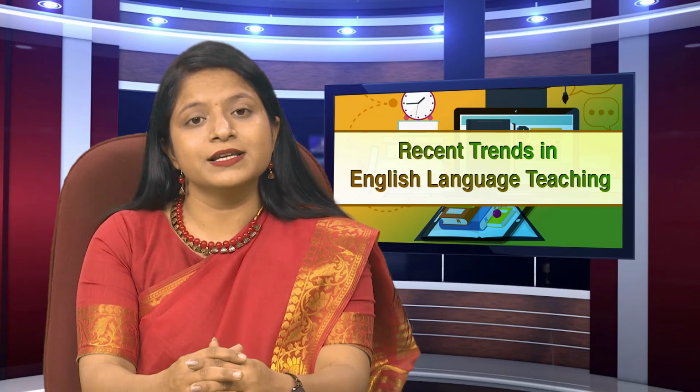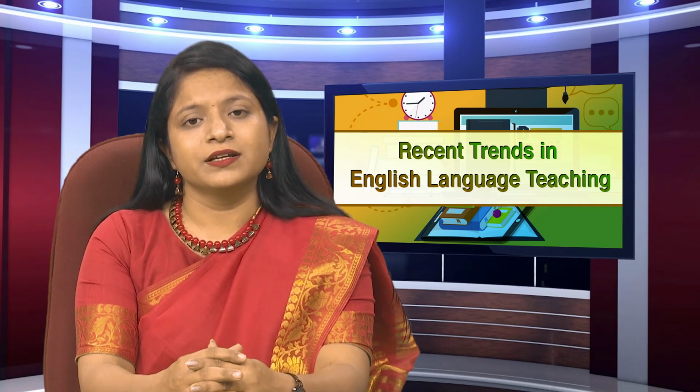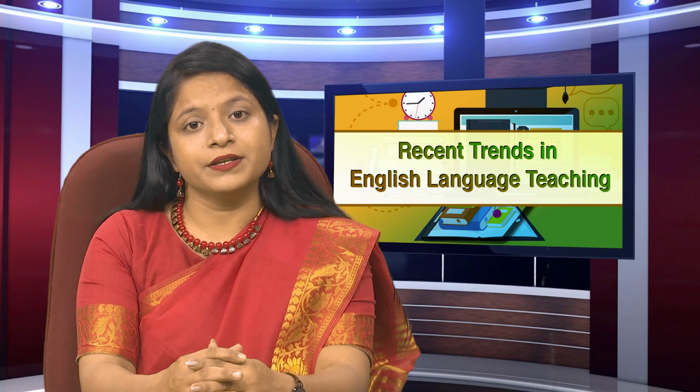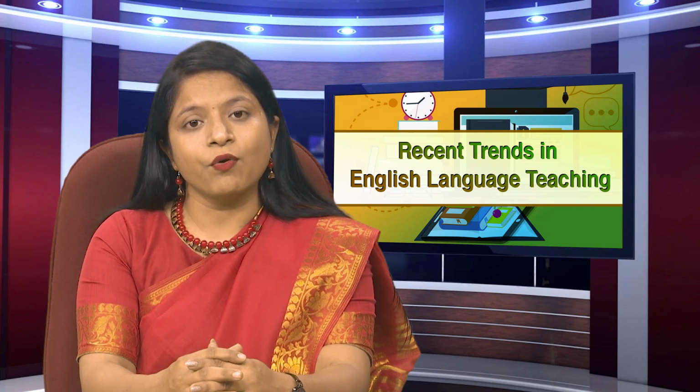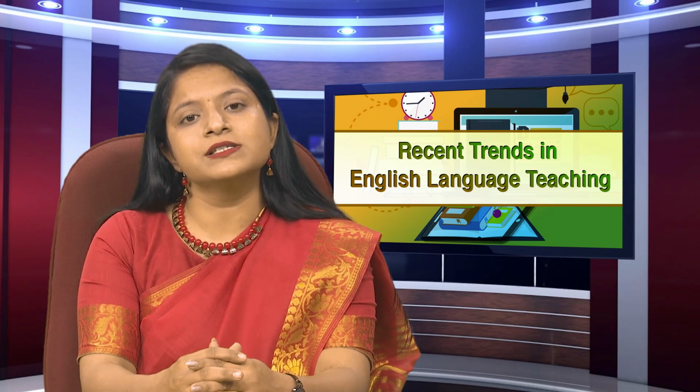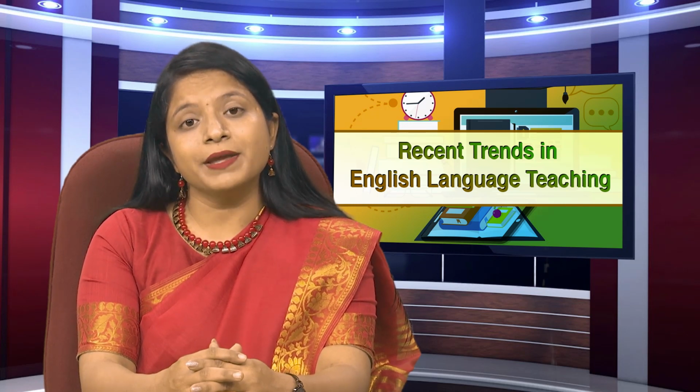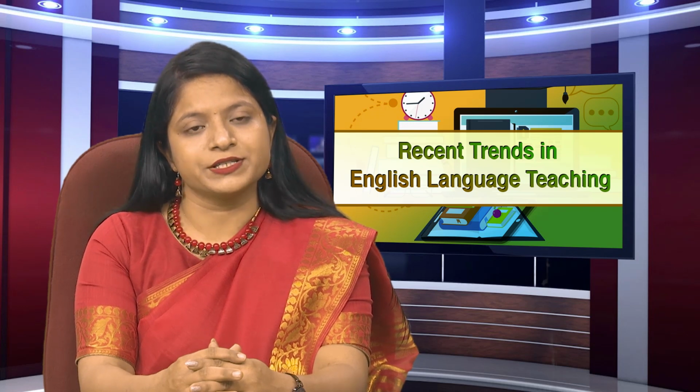This method is also known as the natural method. It has been adopted by many international schools to focus on students' oral skills. The main key characteristic of this method is learning vocabulary through real life objects.